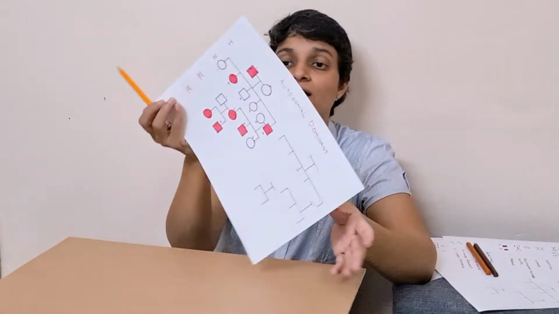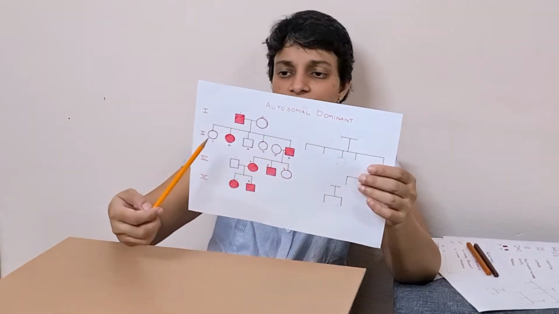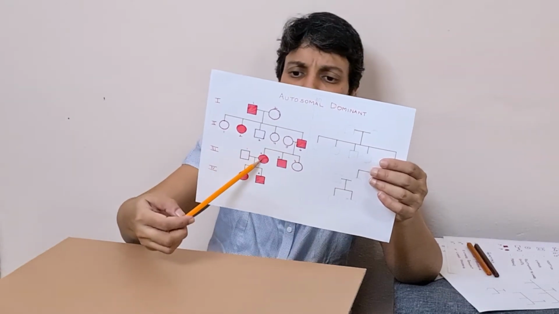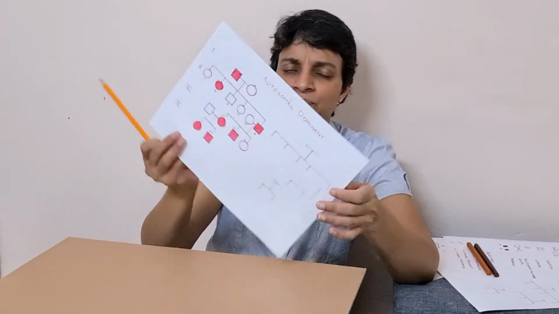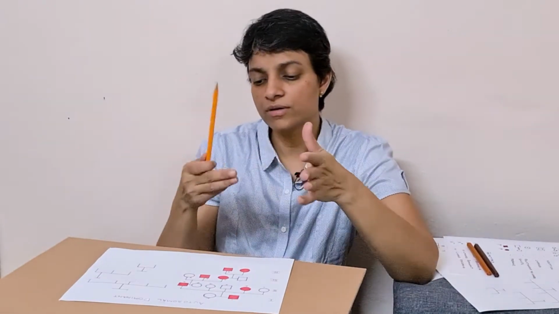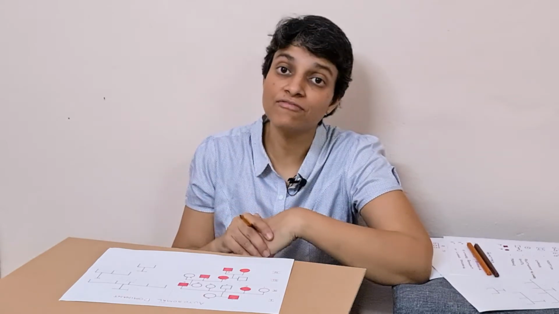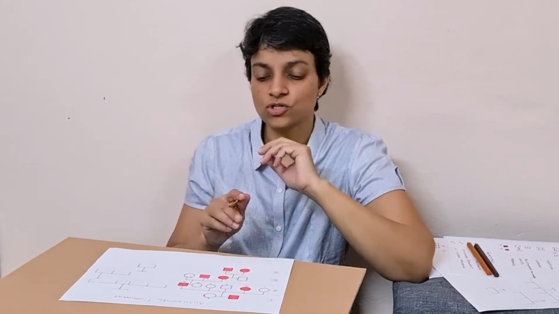See, a father is affected and he affected both his children. A female child is affected, a male child is affected. Here again, a mother is affected, both her male and female children are affected. So if you look at the pattern carefully, males and females are equally affected, then it means that it is autosomal. In dominant, that is the first clue.